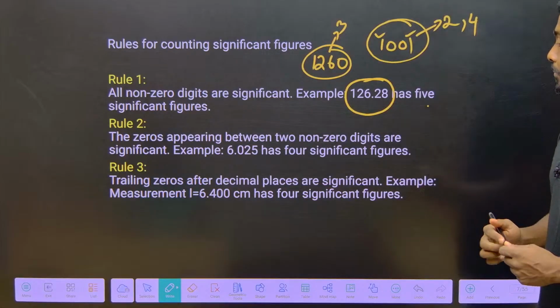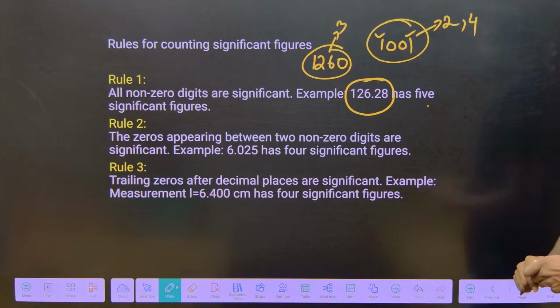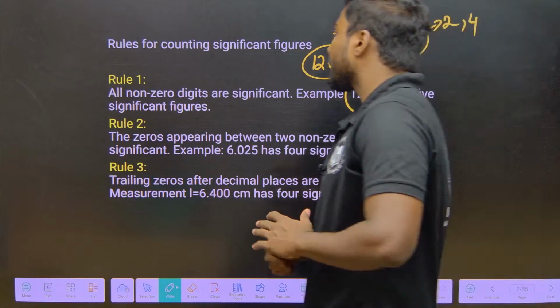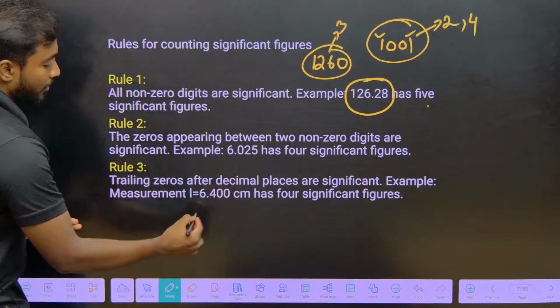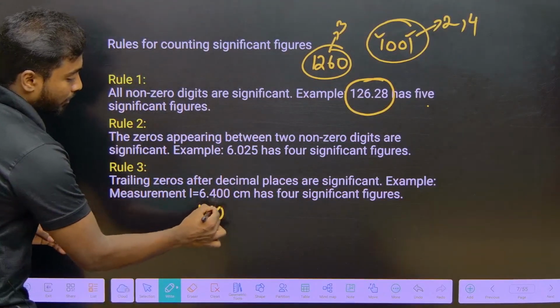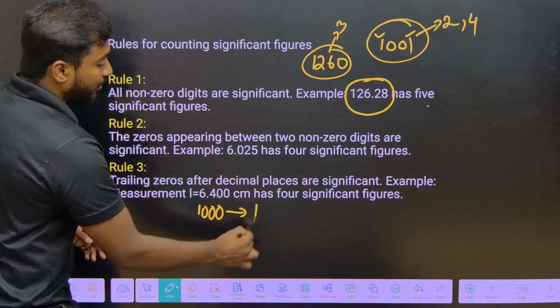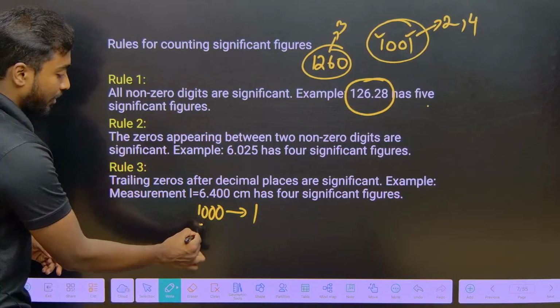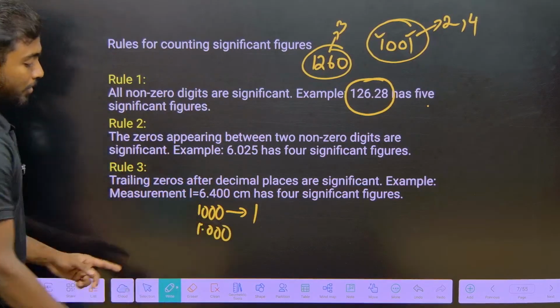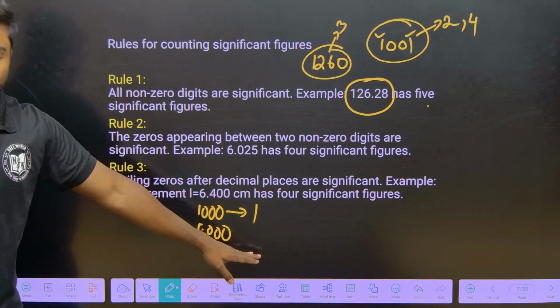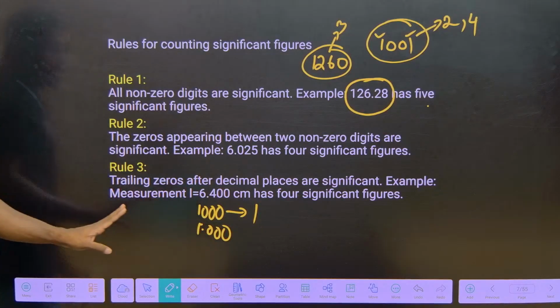Now rule number 3, trailing zeros after decimal places. Suppose I take 1000. Does 1000 have any decimal? No, right? So I can say this is one significant figure. If I consider 1.000, 3 decimal places are there.